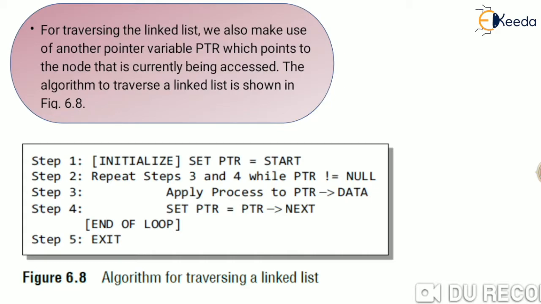This procedure continues till we get the null. As we get the null, this while loop breaks and we go to the end of the loop. So this is the systematic procedure to visit each and every node. This figure also explains the algorithm for traversing a linked list.